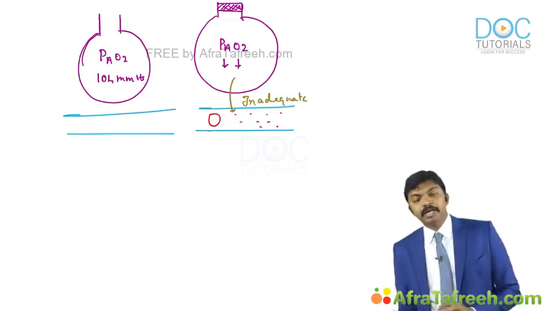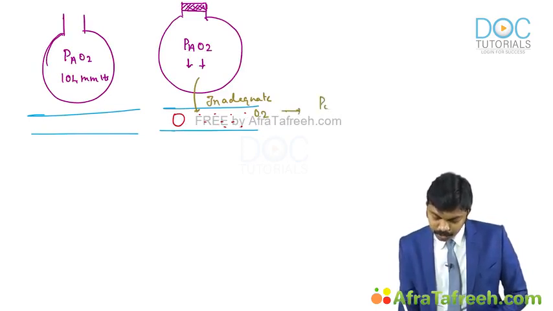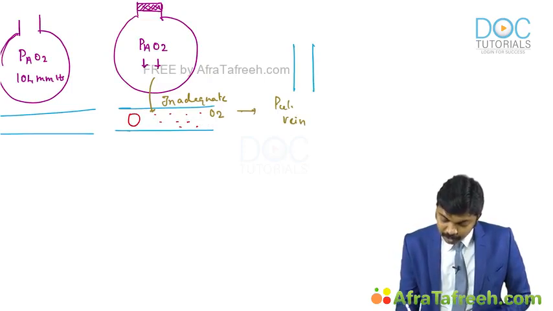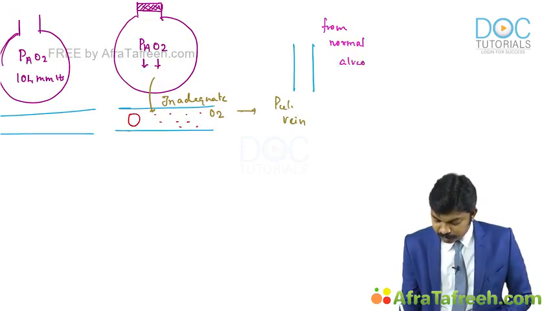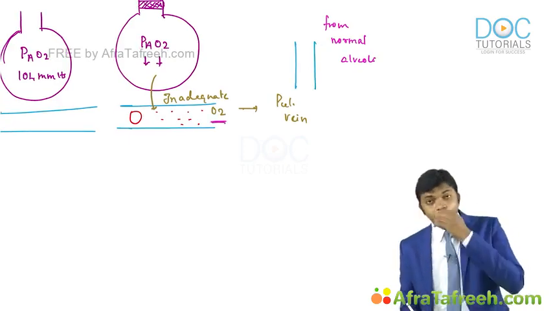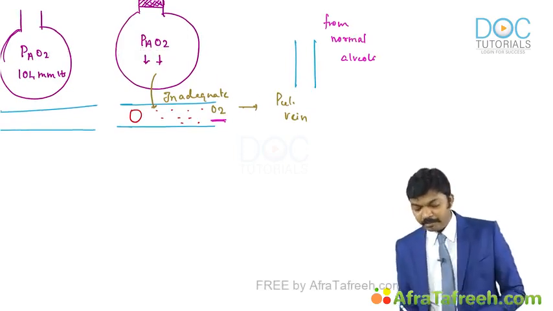When this blood with inadequate oxygen goes to the pulmonary vein, which receives pulmonary capillaries from normal alveoli, the inadequately oxygenated blood is going to dilute the oxygen content from the normal alveoli blood vessels.